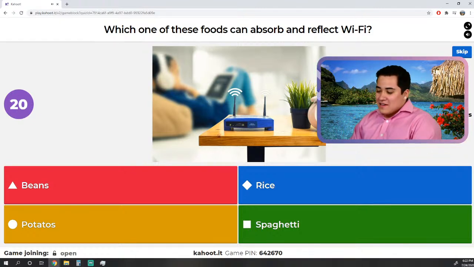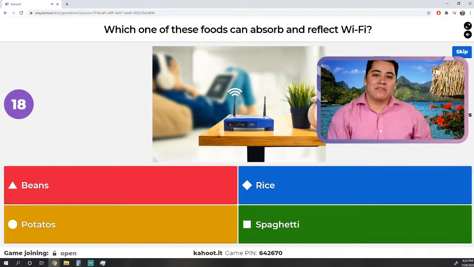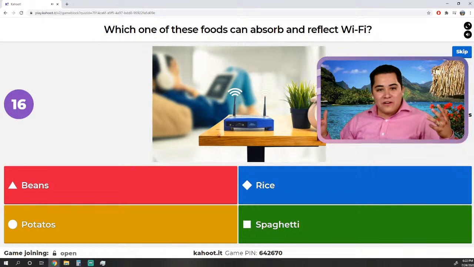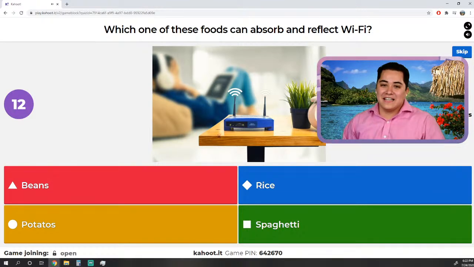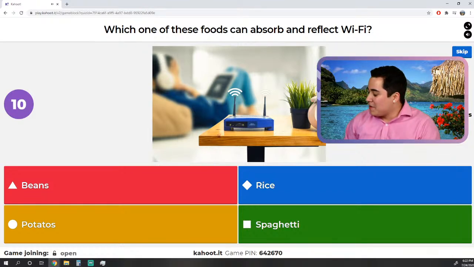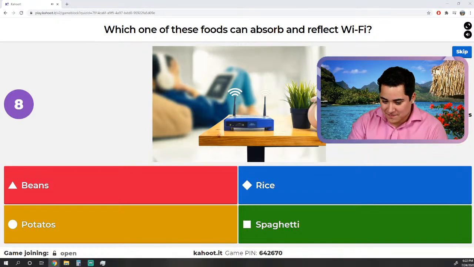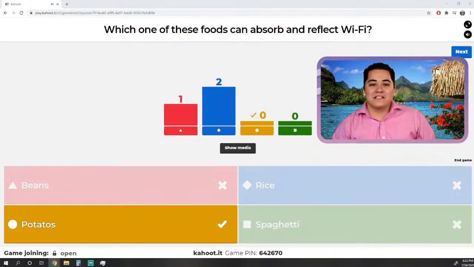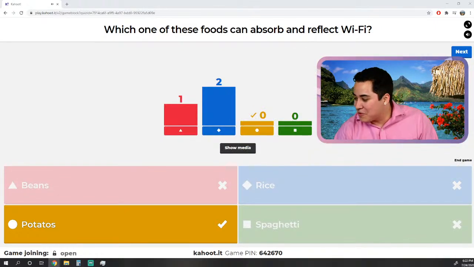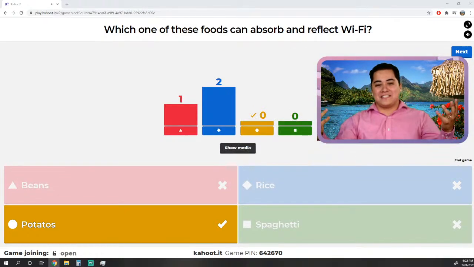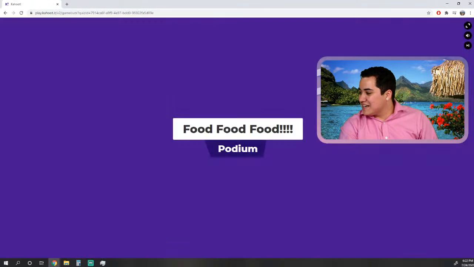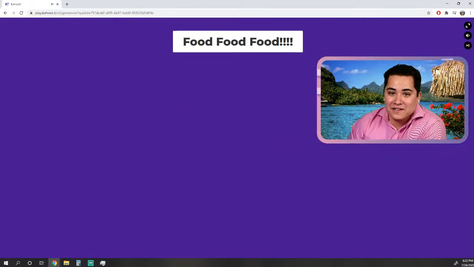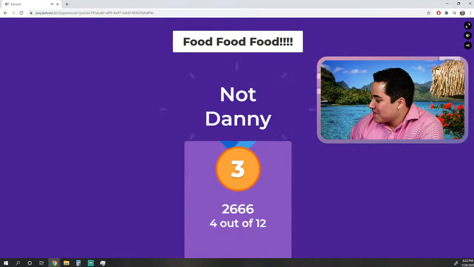Boeing actually figured this out when they put a whole bunch of this in one of their aircrafts in testing the reception, and they found out that because of its water content and its chemical makeup, it actually reflects it. Potatoes. Potatoes of all things is what absorbs and reflects Wi-Fi. Kind of like humans.